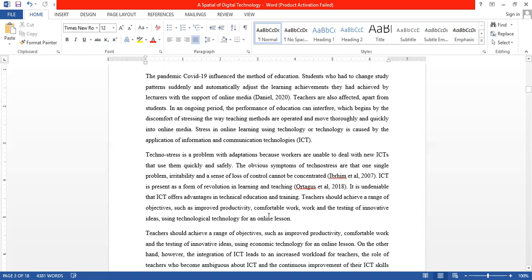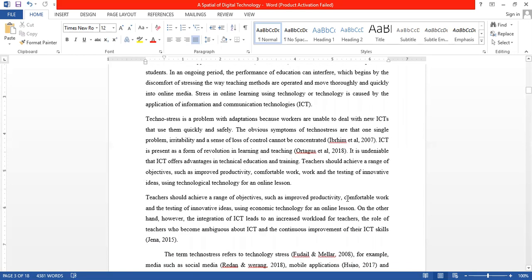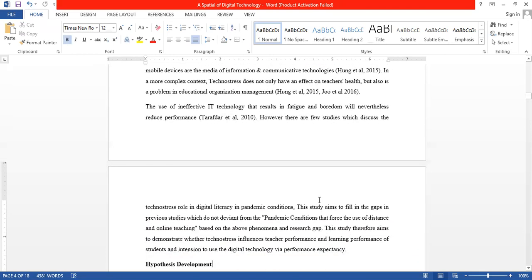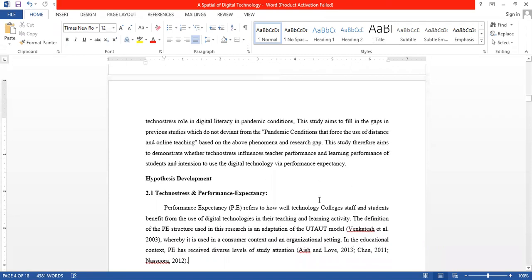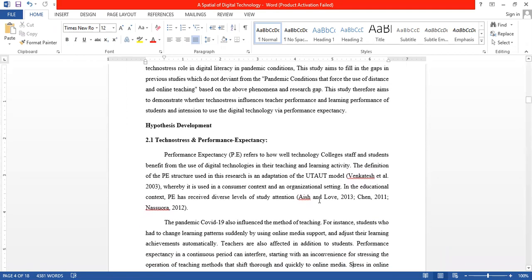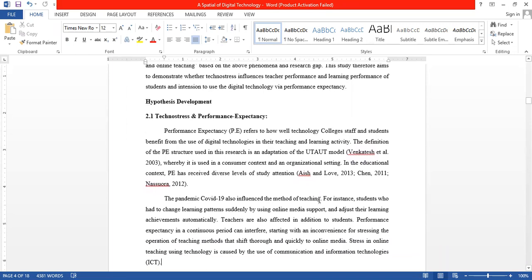After that, I discussed some problems regarding what teachers and students are feeling. Then I discussed the term technostress, its role and importance, and how it affects teaching methods in technological institutions. After that, I gave two variables and their relationship, how they affect each other and how they correlate. I discussed technostress and performance expectancy.